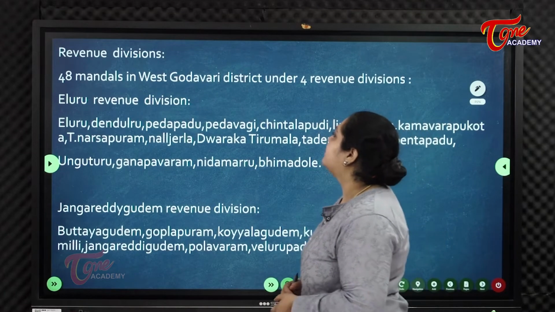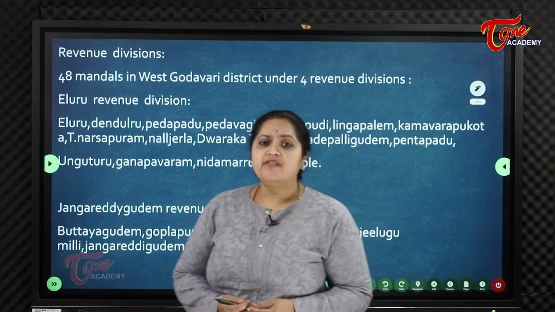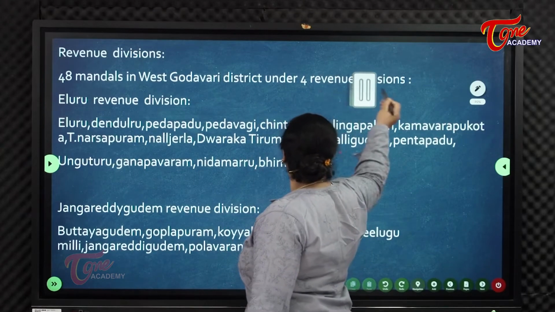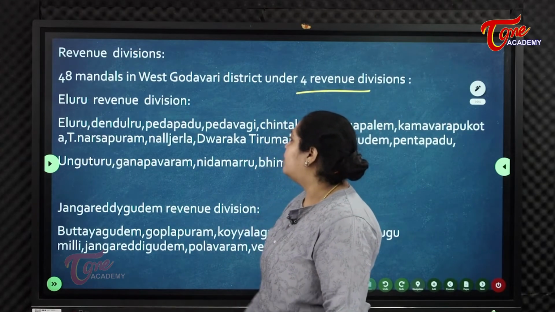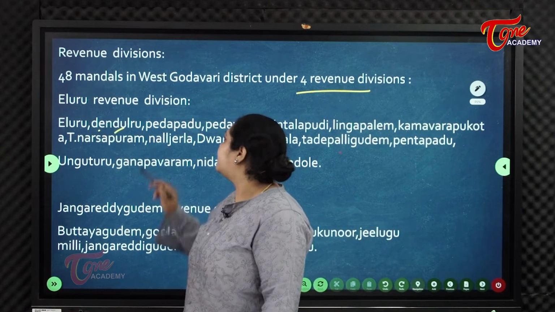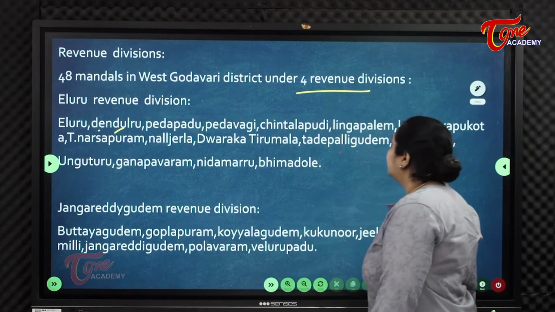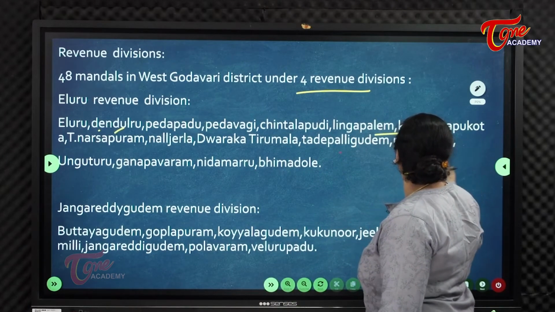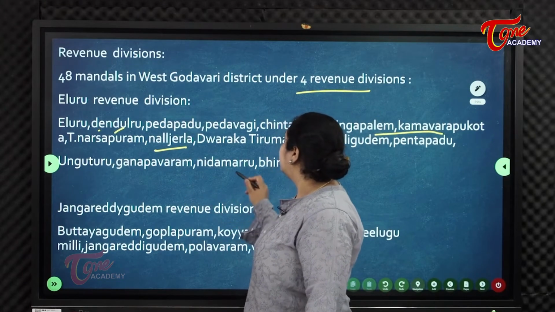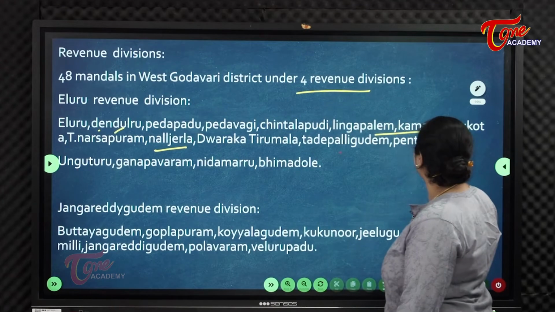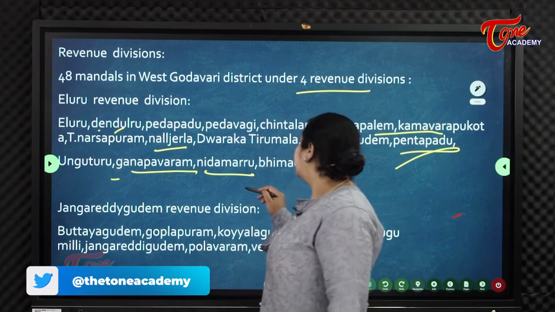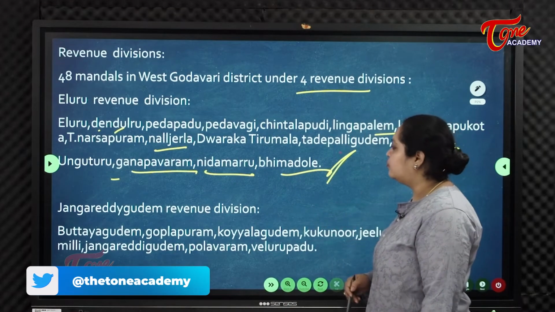Now coming to the revenue divisions. We have seen there are 5 revenue divisions, 48 mandals under 4 revenue divisions. One is Eluru revenue division. It has places like Eluru, Dendrelu, Pedapadu, Pedavagi, Chintalpudi, Lingampalam, Kamavarapu Kota, T. Narsapuram, Nallijarla, Dwarka Tirumala, Tadepalli Gudam, Pentapadu, Unguturu, Ganapavaram, Nidamarru and Bhima Dolu.